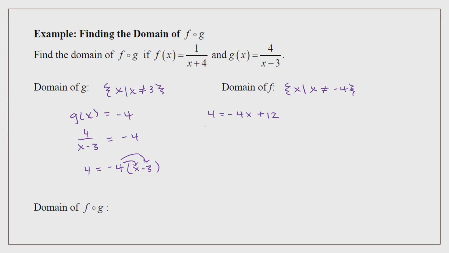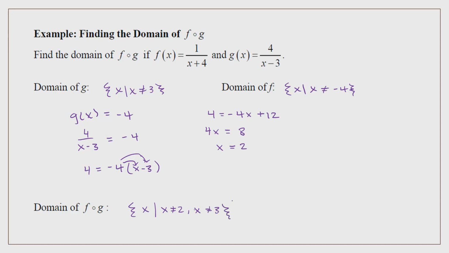I'm going to add 4x to the right side and add 4x to the left side, and subtract 4 from the right side. So that will give me 8. And so x gives me 2. So the domain of f composed with g is going to be all values of x except for when x equals 2 and when x equals 3.